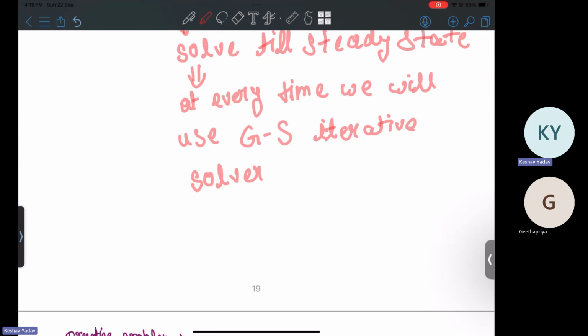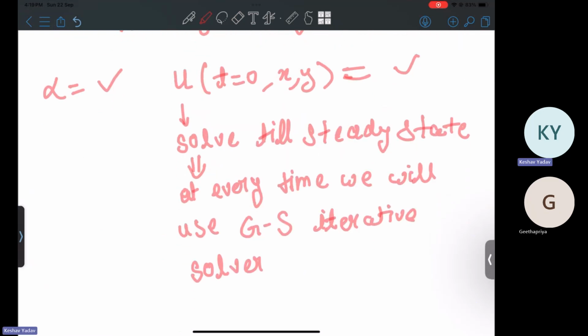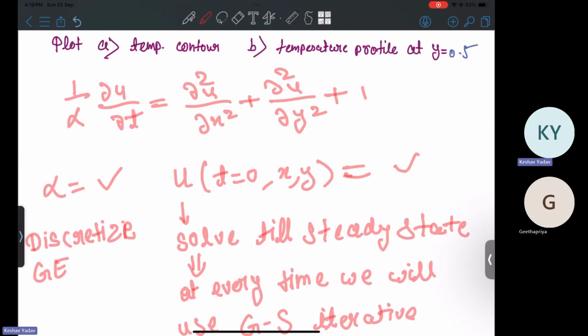So how can we solve this problem? First, we will discretize the governing equation. Here we need to assume some delta t also.